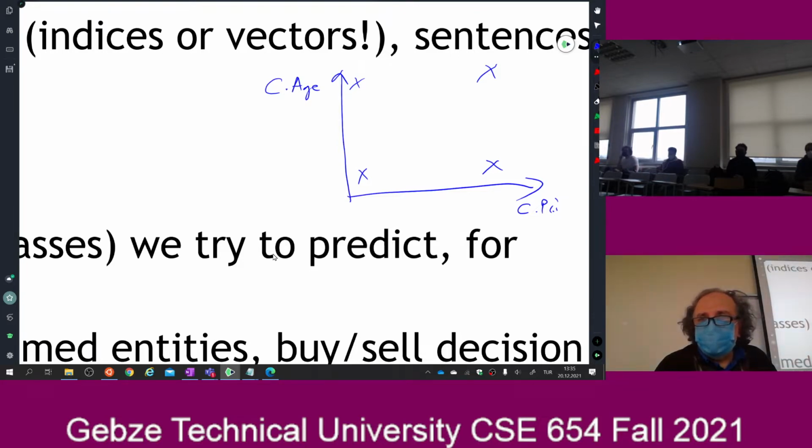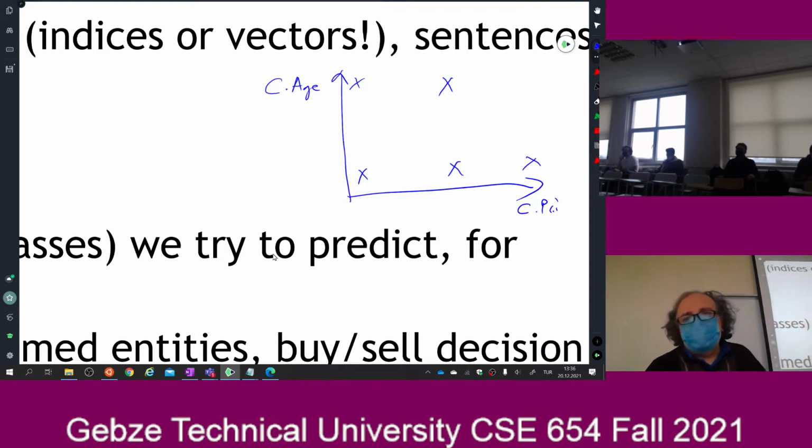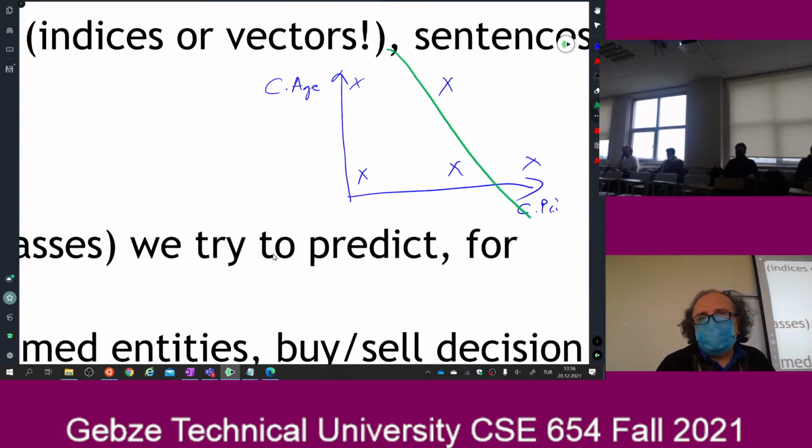But after some point, maybe this will not sell because it is too expensive. Even if it is brand new, I don't want to buy such a car. So it looks like if I draw a line like that, that will separate the cars that are going to sell and the cars that won't sell, right?